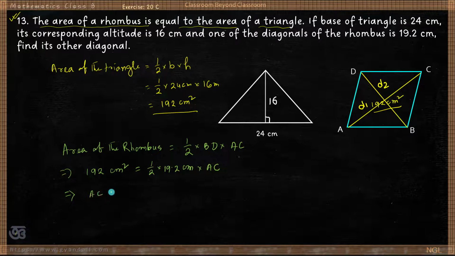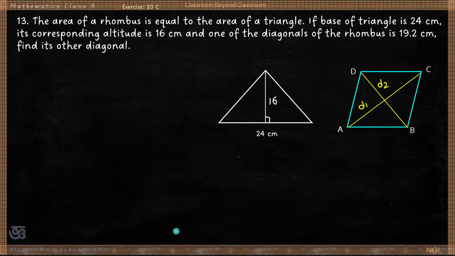So AC is equal to 192 multiplied by 2 divided by 19.2, centimeter square divided by centimeter, and 19.2 tens are 192, so this is equal to 20 centimeter. So the other diagonal AC is equal to 20 centimeter.